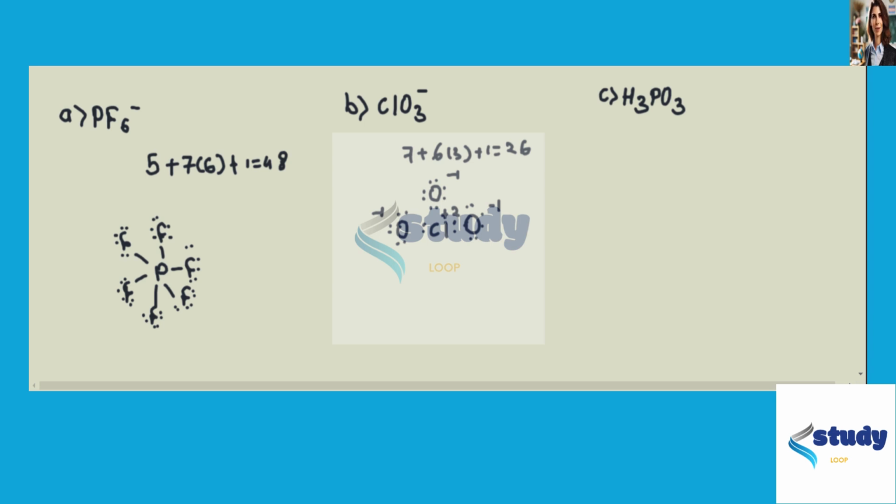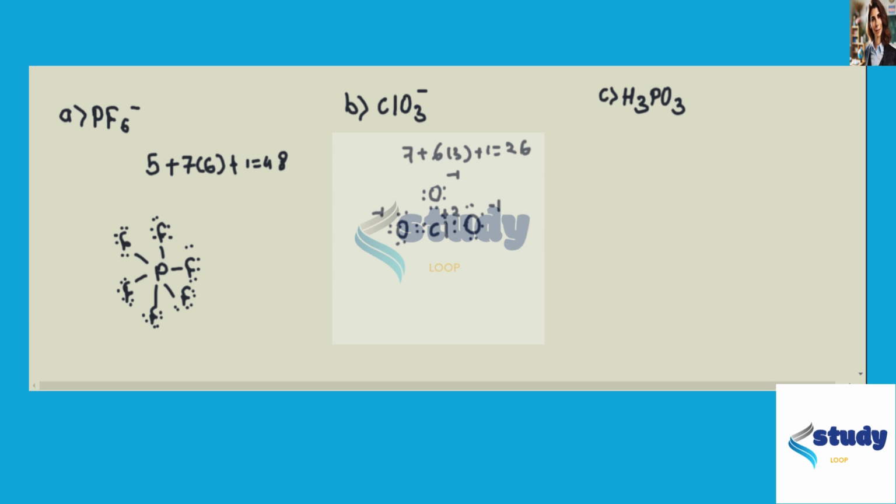If I take these valence electrons right here and move them into the center for 2 oxygens, that should take care of this +2 charge. So let's see what that does to our formal charges. Now that we have moved these in the center, they form double bonds.